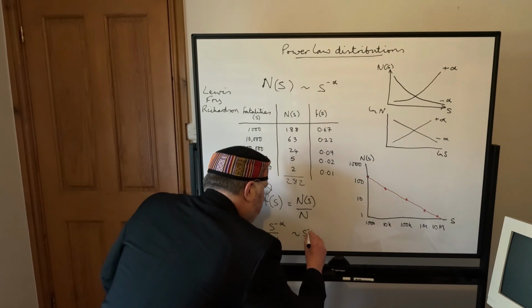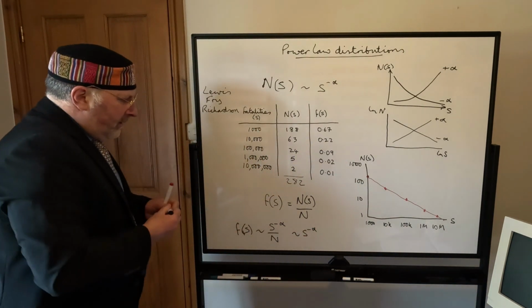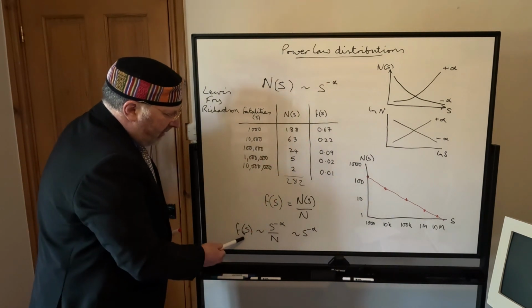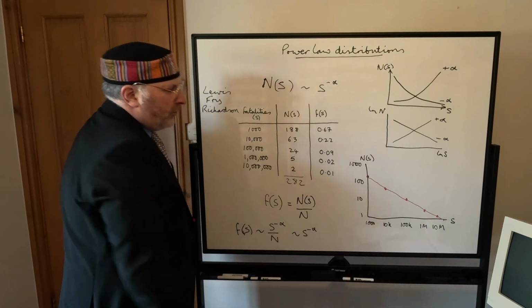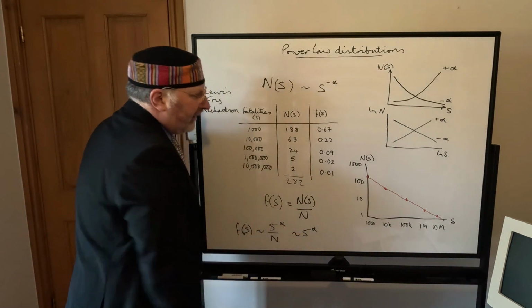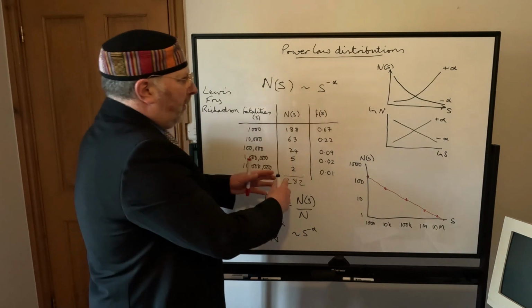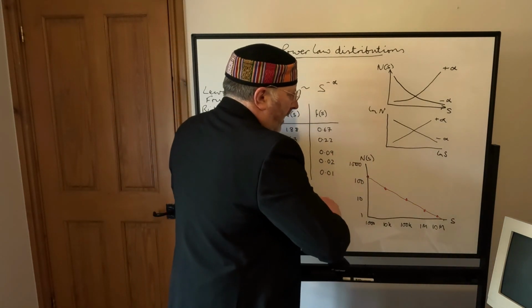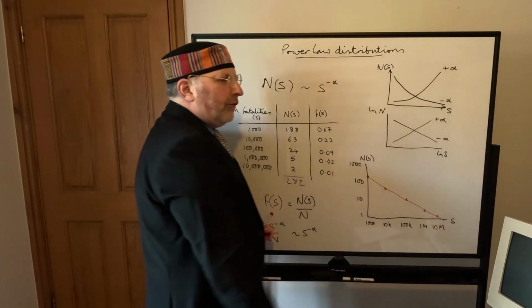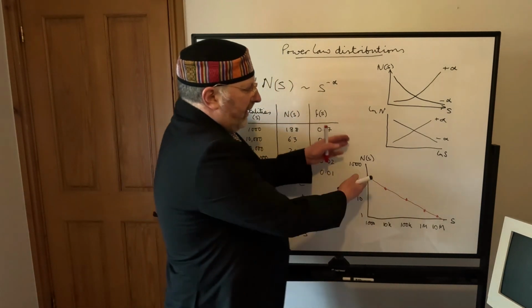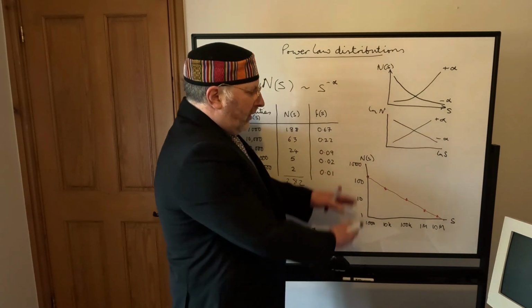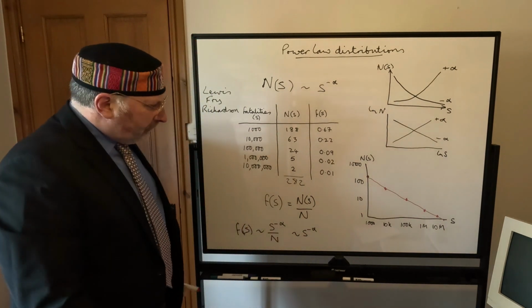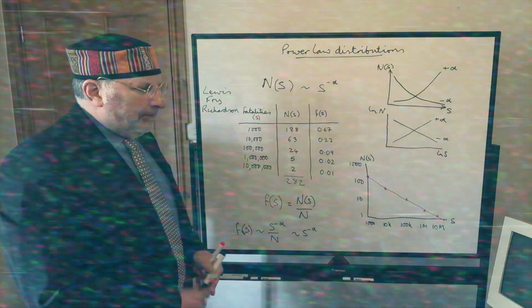So if N of S is proportional to S to the minus alpha, then the frequency F of S is proportional to S to the minus alpha. So F of S is also a power law. So instead of plotting N of S on this chart, we could have plotted the frequencies against the size, and we would have also got a power law. The only difference being that the numbers on this scale would be different, but the appearance would be exactly the same. It would be another power law.